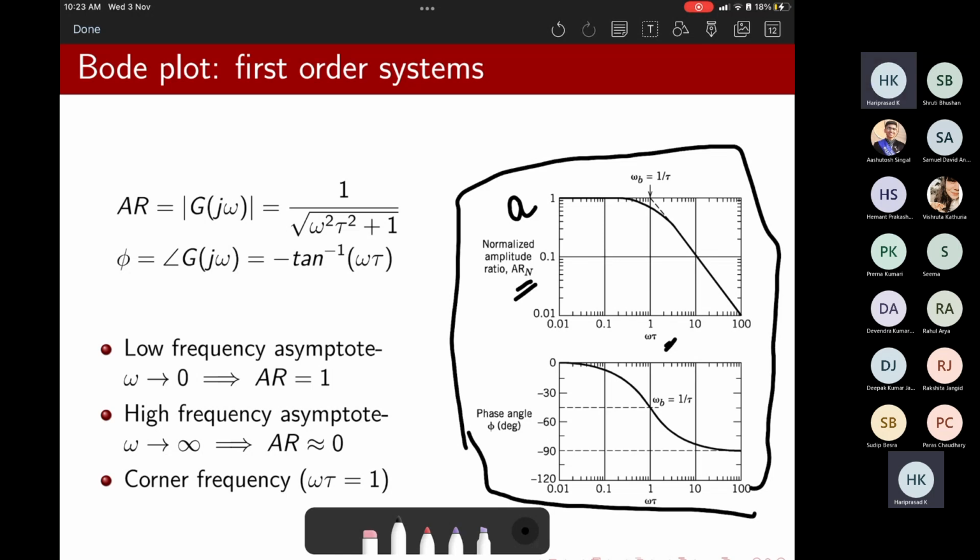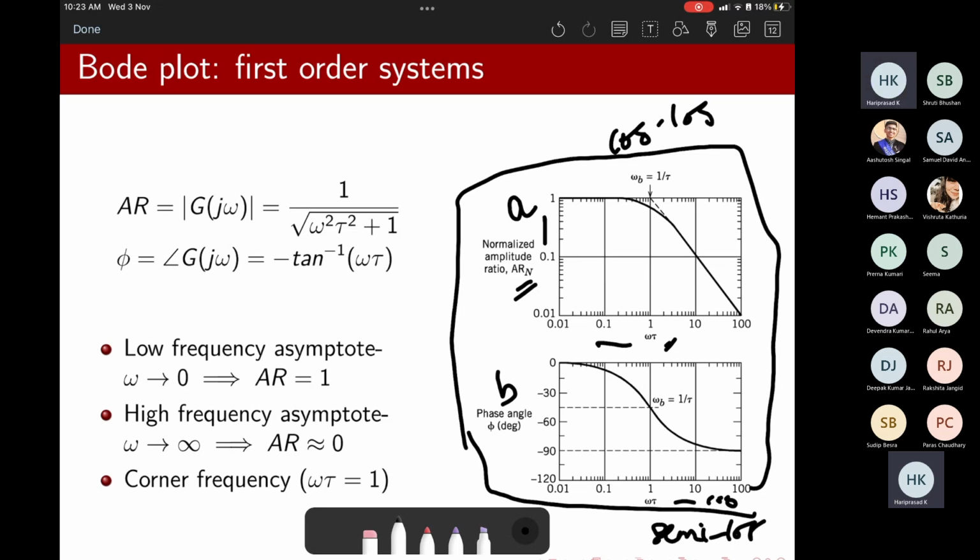Similarly, the other part of the curve is phase angle versus omega tau. Now how are we getting it? It's very simple. This is logarithmic, this is logarithmic. The other one is semi-log: this one is log and this is not log.